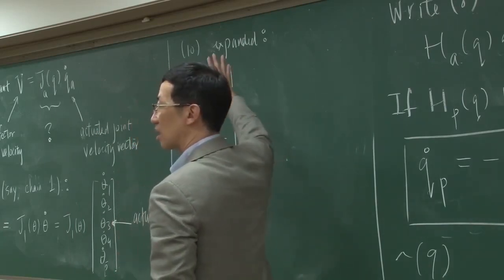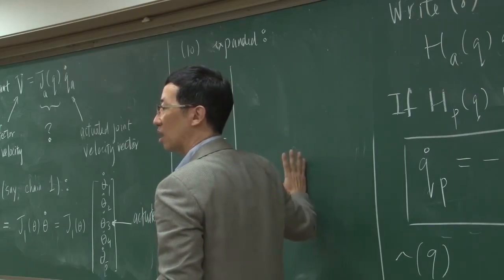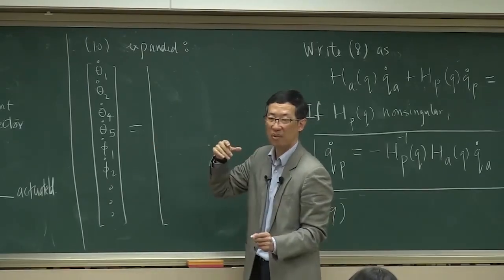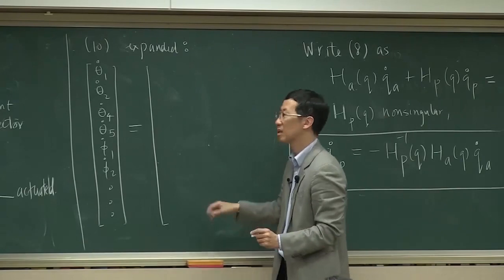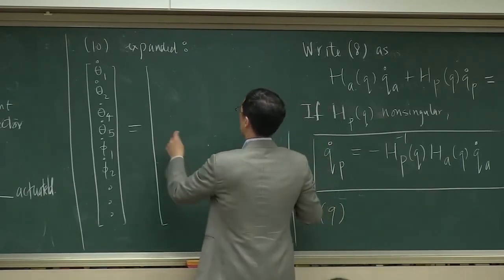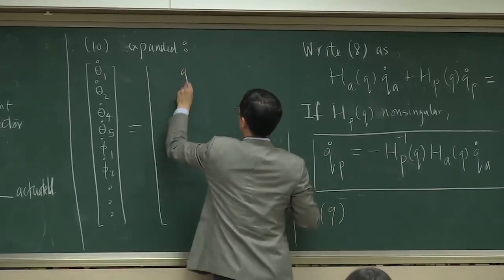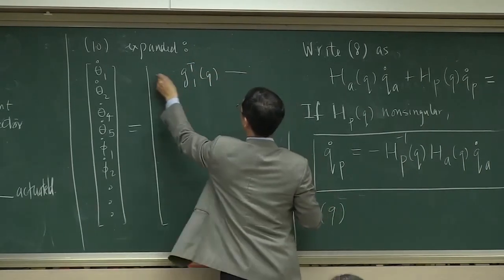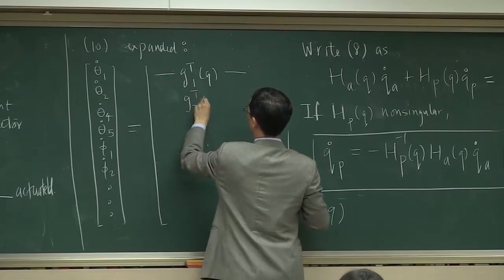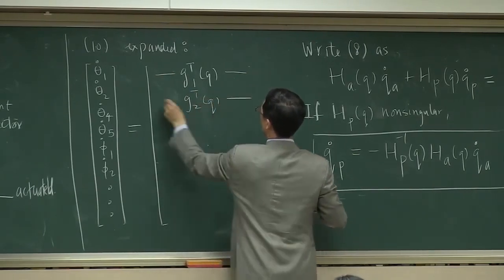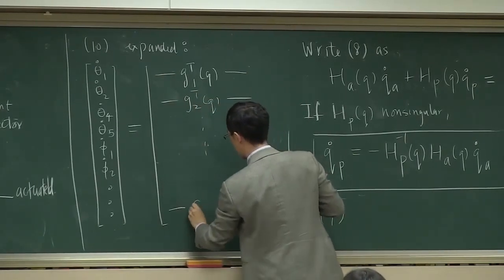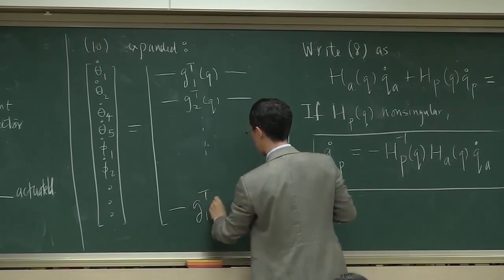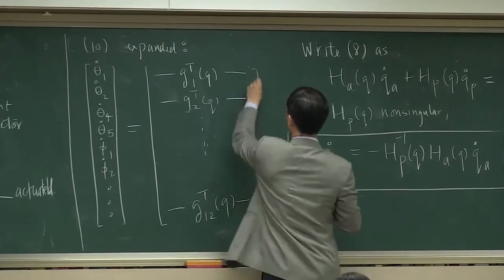Dimension is what? 12 by 3. That matrix G is 12 by 3. So 12 rows, 3 columns. Let me write the first row as row 1, G1 transpose. G2 transpose is row 2, and there are 12 rows. G12 transpose Q, that's the 12th row.